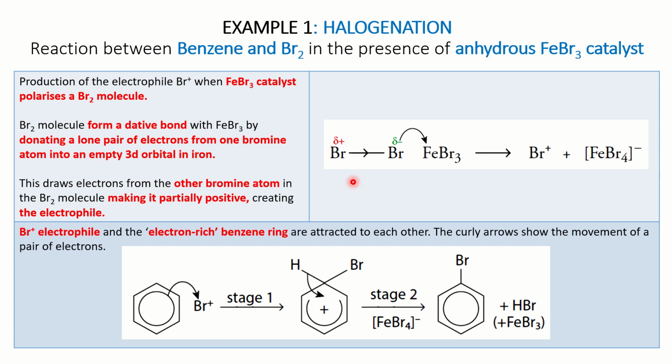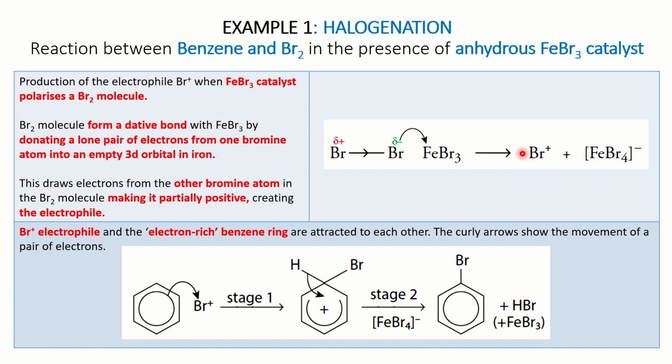Next, the Br2 molecule will form a dative bond with FeBr3, where it becomes FeBr4 minus, and the other one, the Br delta plus, is the one that is going to form the Br+ electrophile.